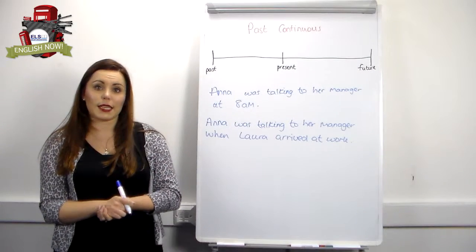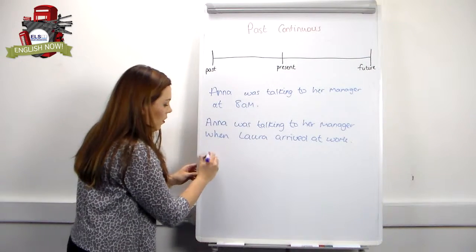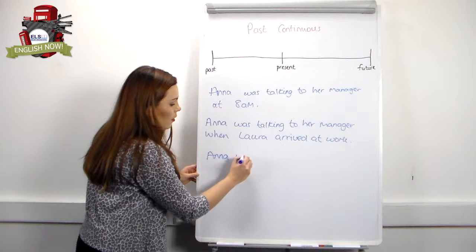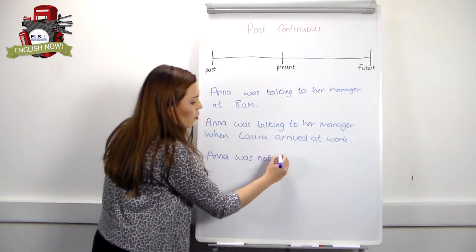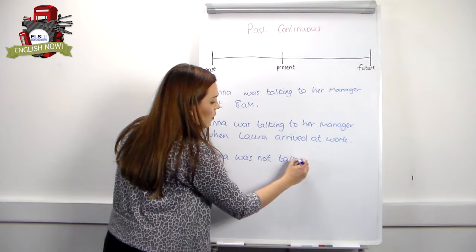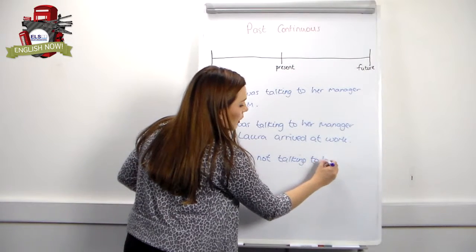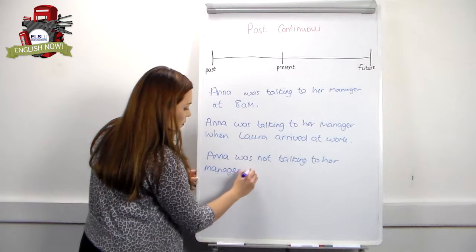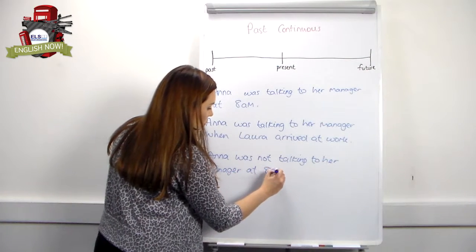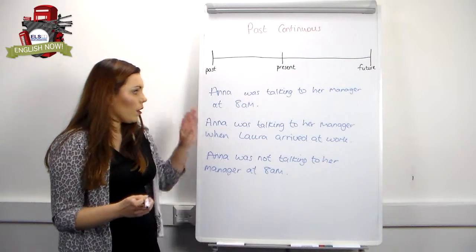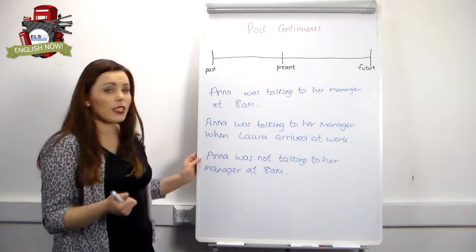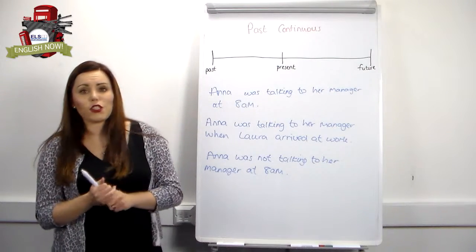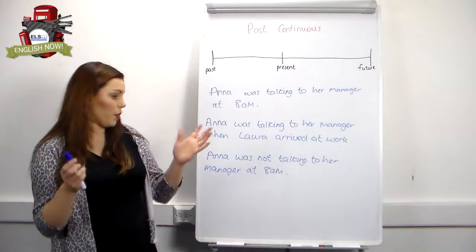Let's have a look at negatives. Anna was not talking to her manager at 8 a.m. Like this one here, the sentence structure matches the sentence structure of the present continuous.